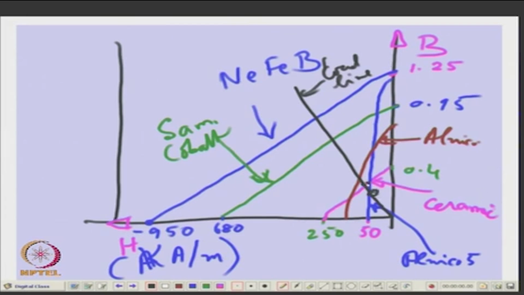It may be one of these materials. You can also have a family of constant energy lines, constant BH.